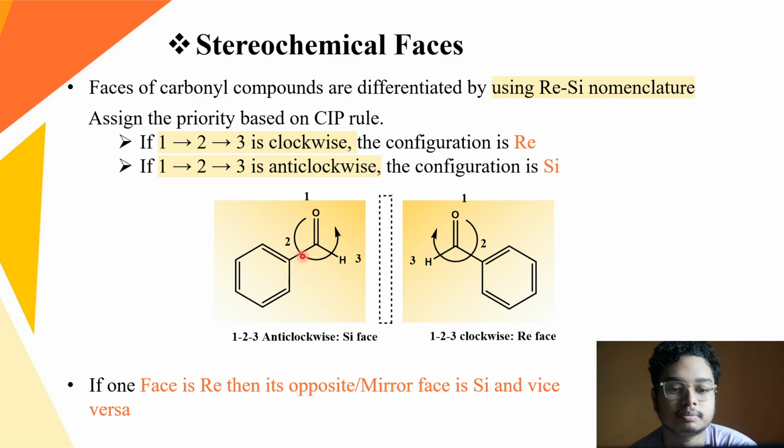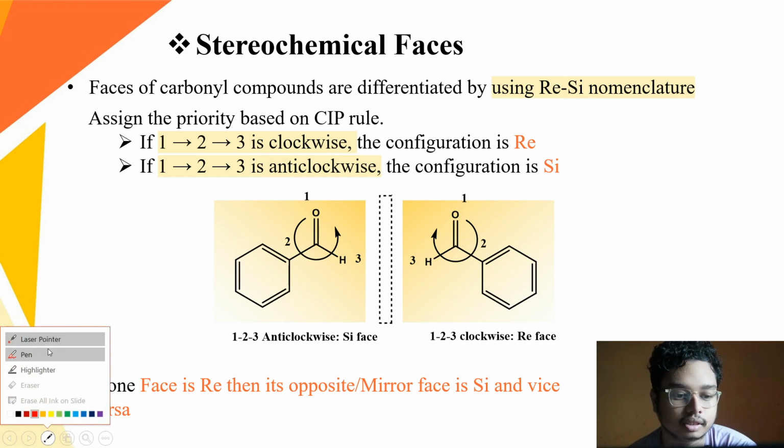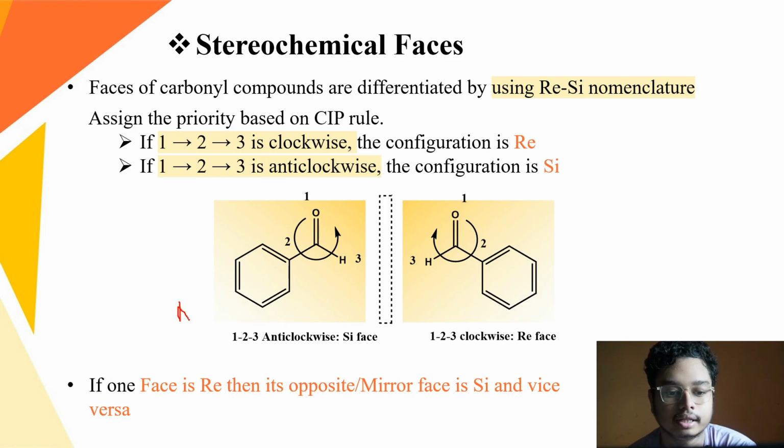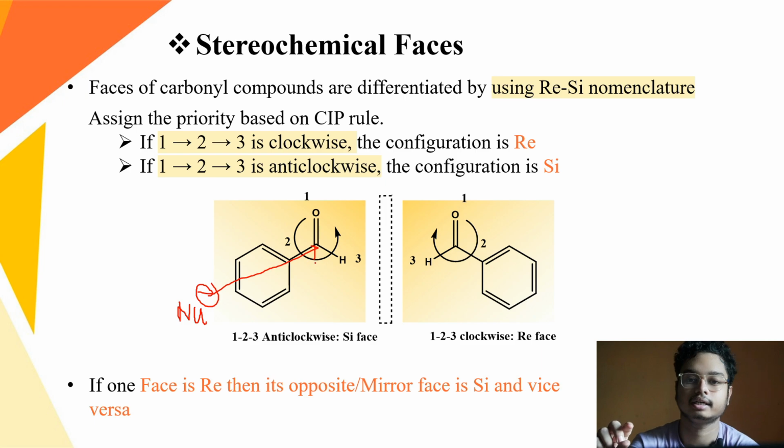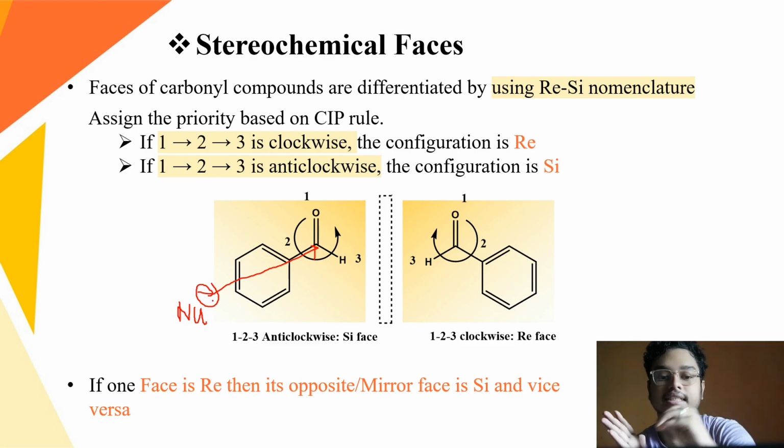Okay, so here in this particular group, 1 is obviously the carbonyl oxygen, 2 is the phenyl group, and 3 is the hydrogen. Now the rotation is anti-clockwise, that means this particular face is the Si face. That means if any nucleophile attacks from this particular side, the top side, then we can say that the nucleophile attacks the Si face of this particular carbonyl compound.